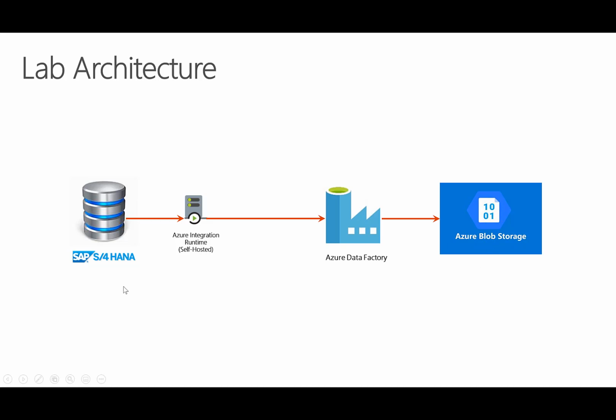So that's the intent of this lab, to show you the capabilities, and also the components you need to install to successfully pull data from SAP and move it into Azure. Instead of an Azure Blob Storage, this could have been a SQL Server data warehouse, a SQL DB, or Azure Synapse. That's all possible with Azure Data Factory.